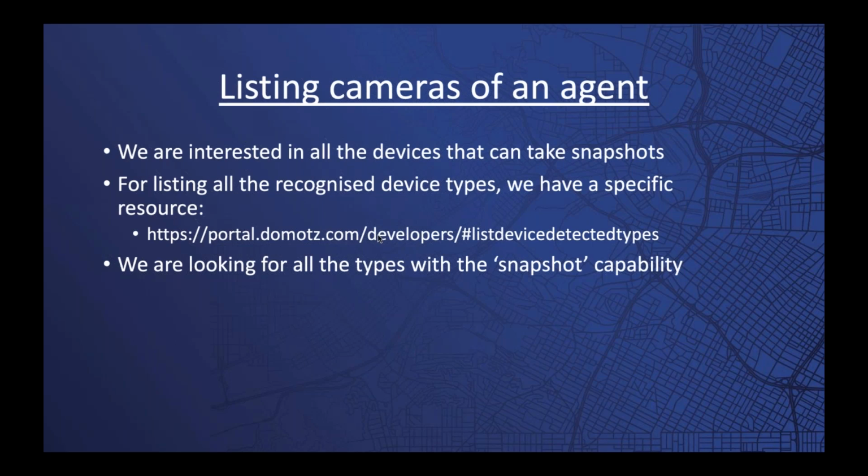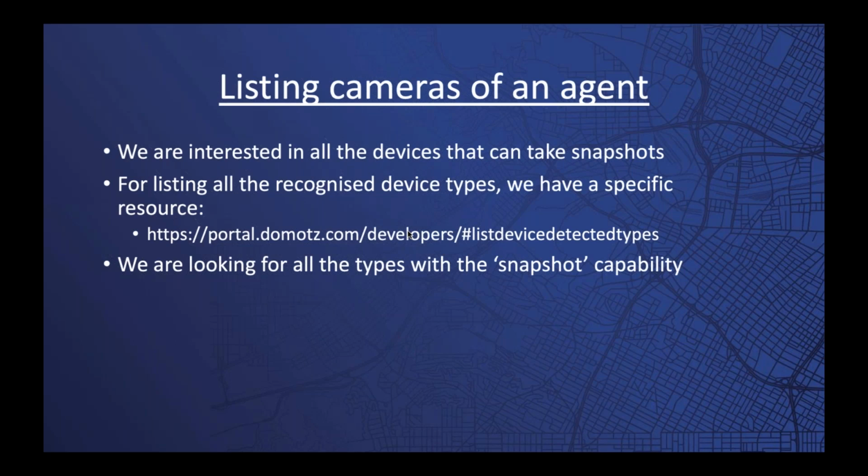In Domotz, we have decided to expose a list of types, all the types that the system can recognize, and for each type we enumerate its capabilities. Capabilities are sets of actions that can be done upon all those devices. And we are interested in the snapshot capability.